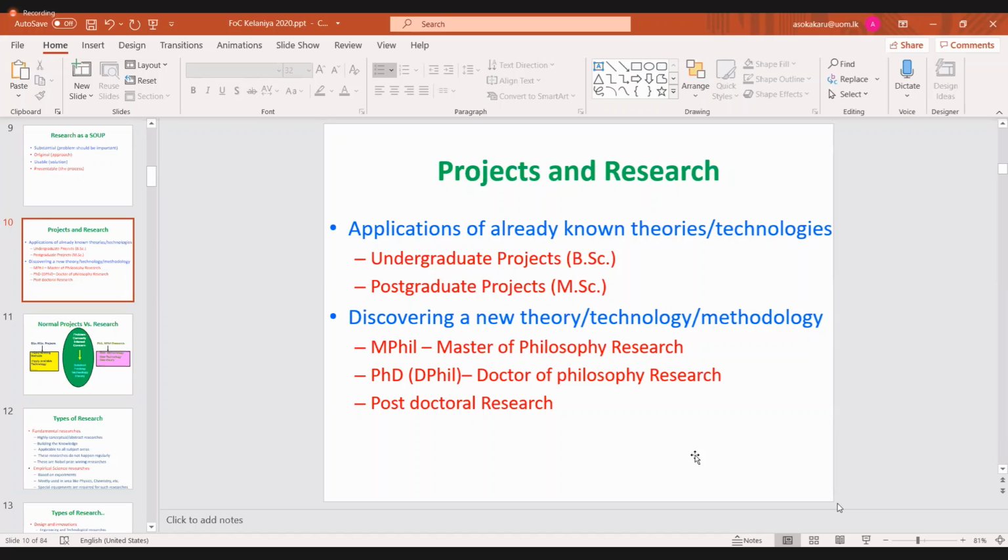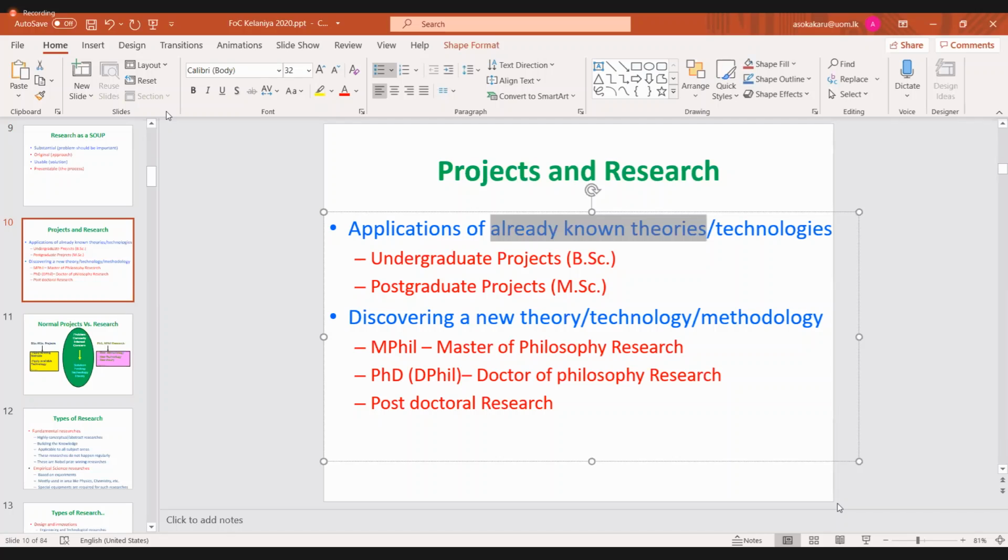What is the difference? Application of already known theory versus discovering a new theory. Already known theory is used here, and discovering a new theory is here, regarding what I call research. This one is project.